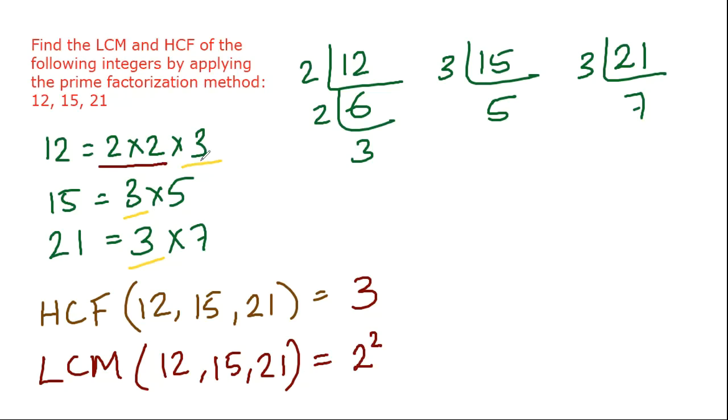Next, for 3, the maximum repetition of 3 is only 1 time, so 1 time 3 I have chosen. Next, I am considering 5, 5 also 1 time, and 7 also 1 time. Multiplying all these, I will get the LCM of these three numbers as 420.